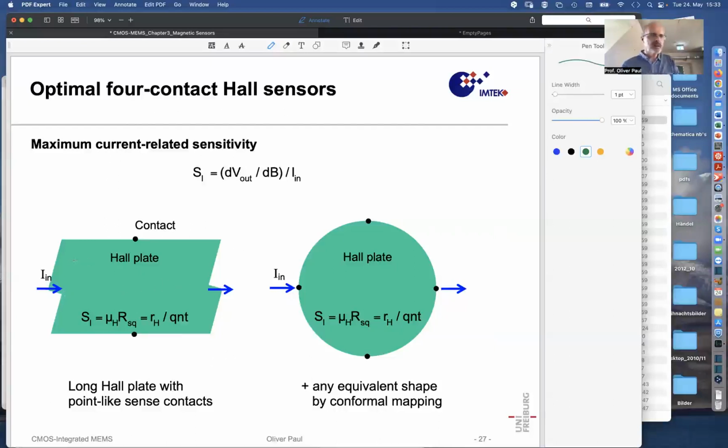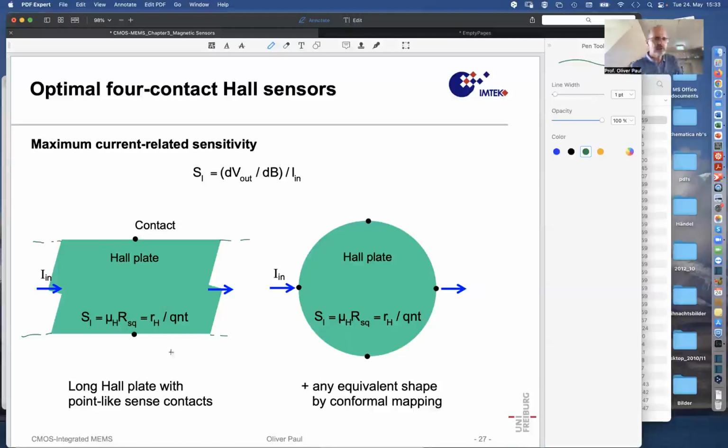You have this long Hall plate, and these rugged lines on the left mean just that the conductor continues here on the left. We don't know where the contacts are; they're somewhere out there on the left and the right, and we just see a section of this. The current density is constant or homogeneous in this plate, and then the sensitivity that comes out is RH divided by Q and T.